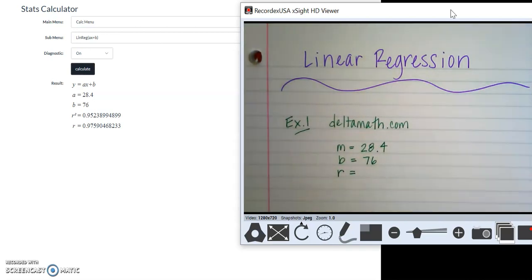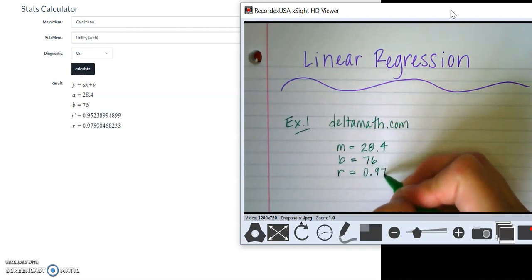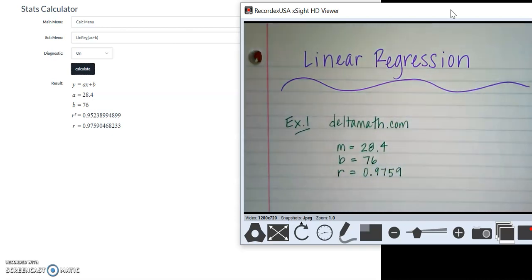But the R value, we talked about this a couple days ago, is our correlation coefficient, and this one is 0.9759, which is extremely close to 1. It could get a little closer, but it is still very close. So that's a great R value. And then we also know that there's a positive relationship between these two things.